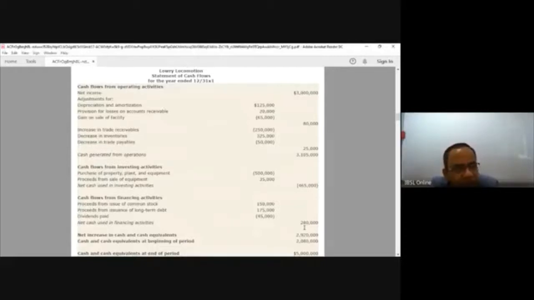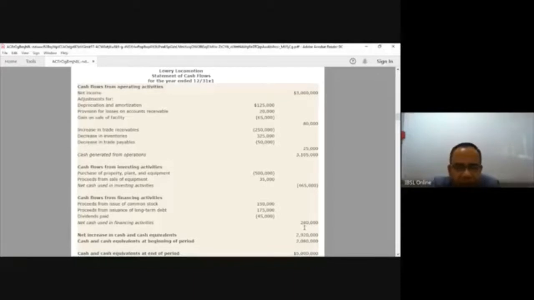Gain on sale of facility, that you deduct. So under this method, you take the P&L figure and work it backwards. You add and deduct all the non-cash items so that you come to the cash position. So in all these three, the same thing is happening. Cash flow from investing activities, purchase of property.